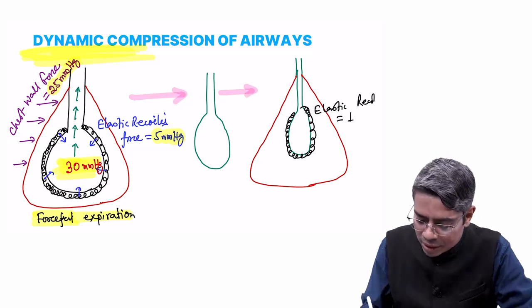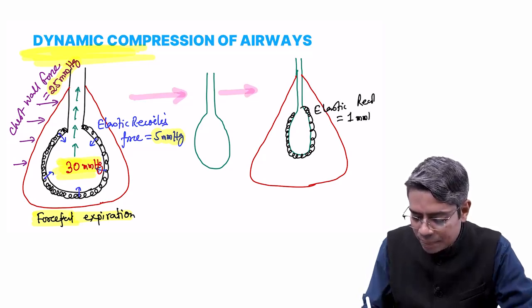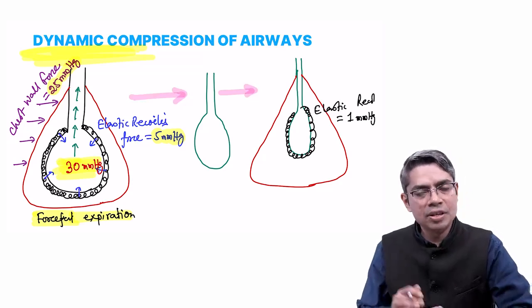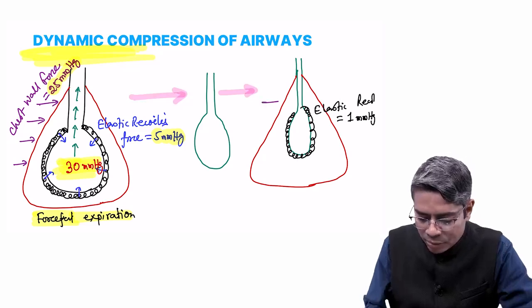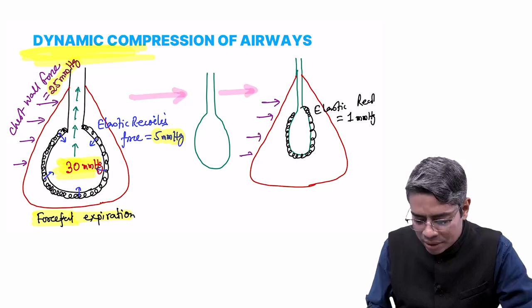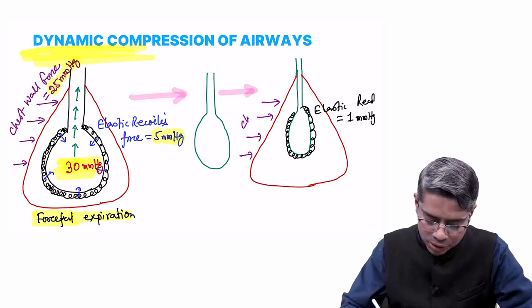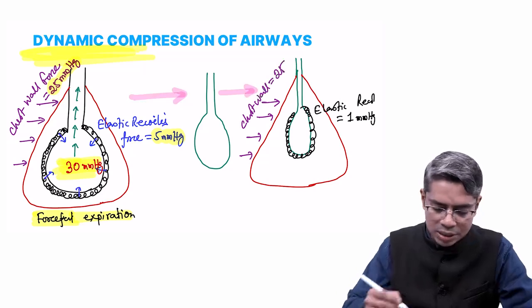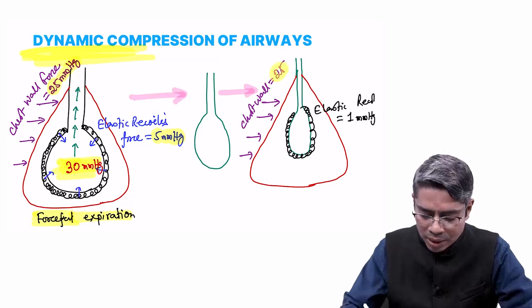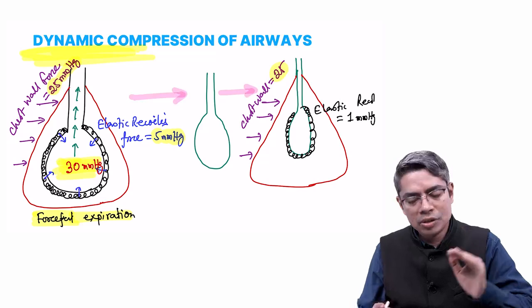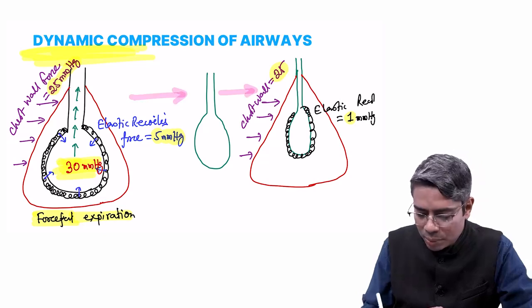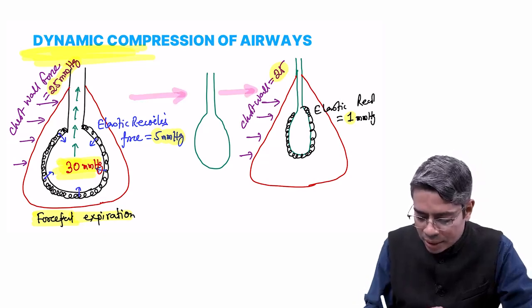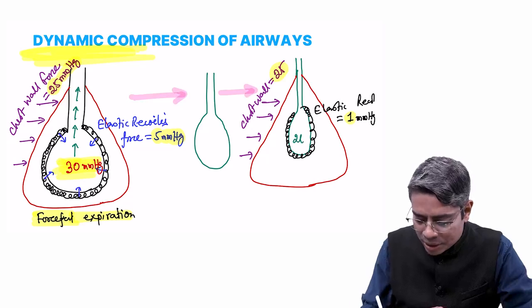So, suppose in this condition, the elastic recoiling force is only 1 millimeter of mercury, reduced from 5 to 1, and you are maintaining the external force from the chest wall. You are still maintaining the same amount of chest wall force, that is 25. So, you are applying 25 pressure from the chest wall, and one pressure is the elastic recoiling pressure. So, what is the total pressure inside this alveoli? That is 26 millimeter of mercury.